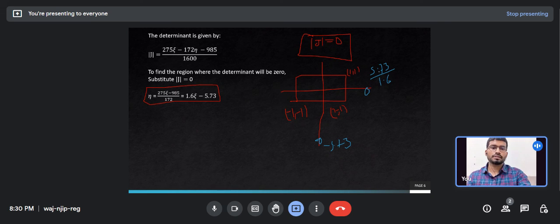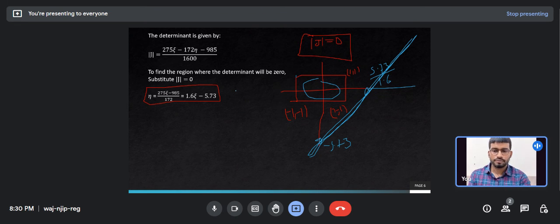So this is larger than 3, so that's why I have drawn it here. So this will pass like that. So this is the region where the Jacobian will be 0. So from this we can tell that the value of determinant is not 0 within this element, right? So from this we can say that the isoparametric mapping is valid for this element.